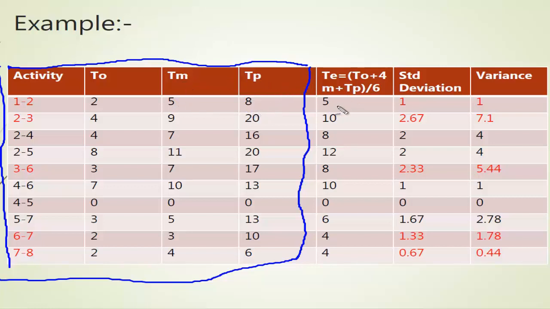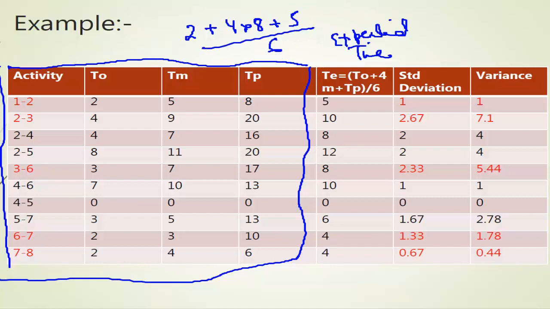So the first thing we do is to calculate the expected time. How we do that is: optimistic time, here 2, plus 4 times the most likely time, that is 5, plus the pessimistic time, 8, divided by 6. Okay, here I said it a little wrong: it is 4 into the most likely time.